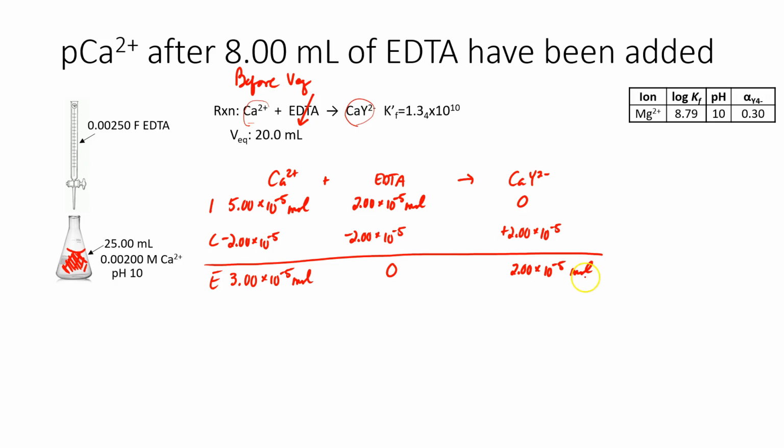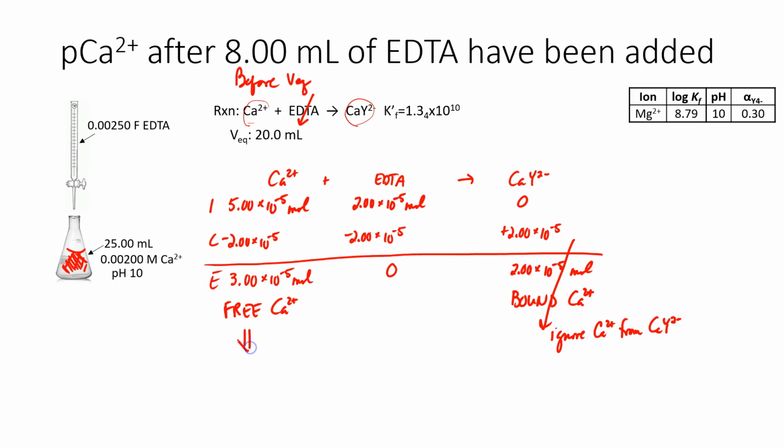And yes, a little bit of this complex can dissociate to produce some free calcium, but it's going to be so small compared to the free calcium that you have here, right? We have free calcium ions here. We've got bound calcium ions here. And what do I mean by bound? Bound by EDTA. So we're going to ignore the calcium from this complex.